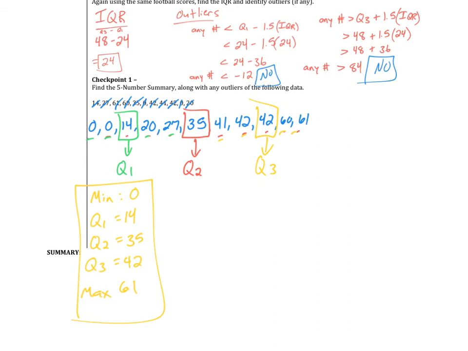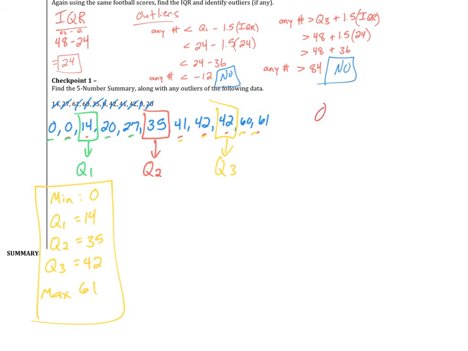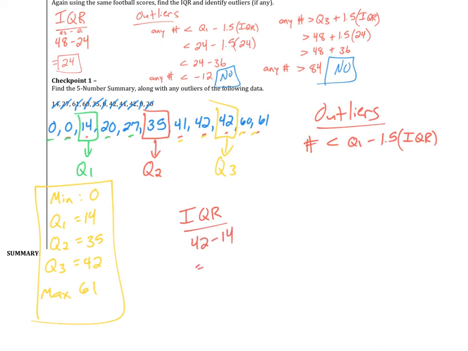And now let's find any outliers over here. So any number less than Q1 minus 1.5 times the IQR. So I guess let's find the IQR. IQR is 42 minus 14. So the IQR is 28.